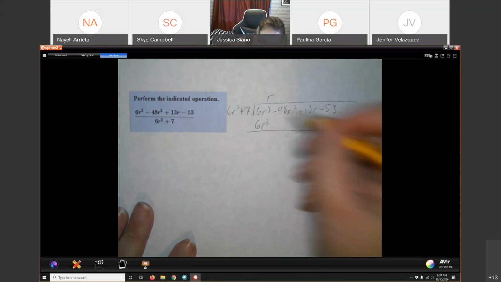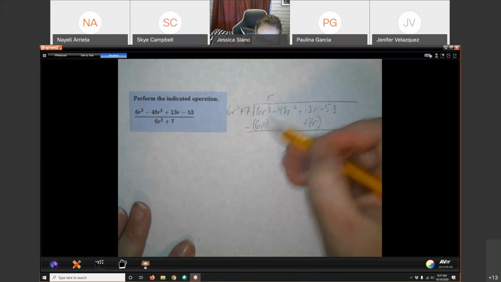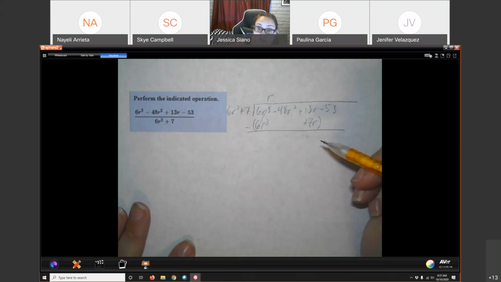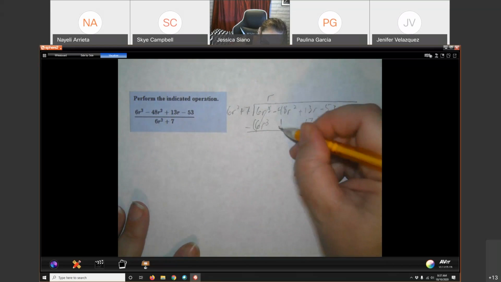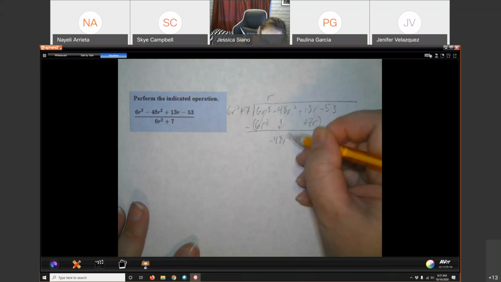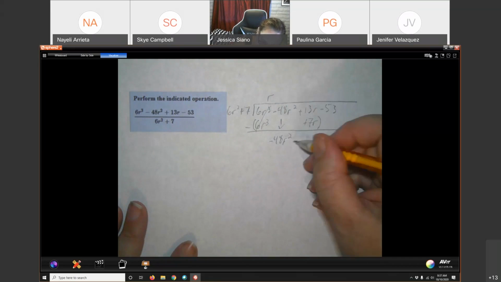And then we subtract. 6r to the third minus 6r to the third will cancel. There's nothing to subtract away from this, so just bring it down. And then 13r minus 7r would be 6r.